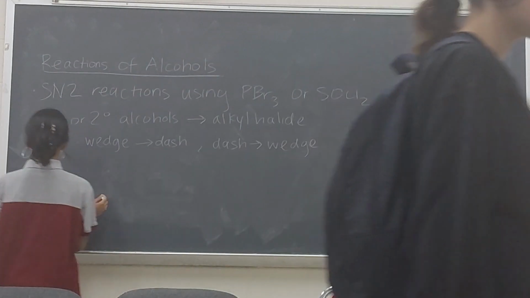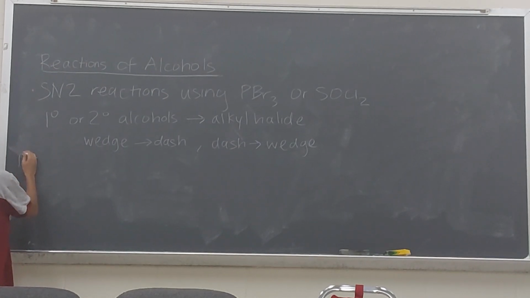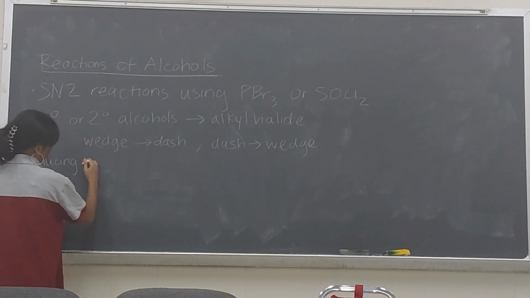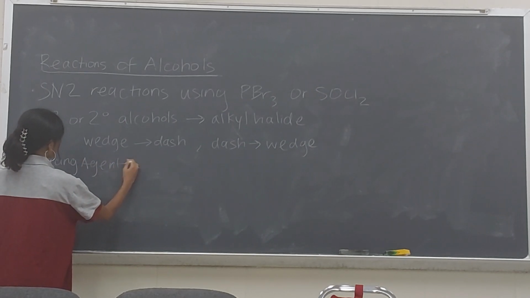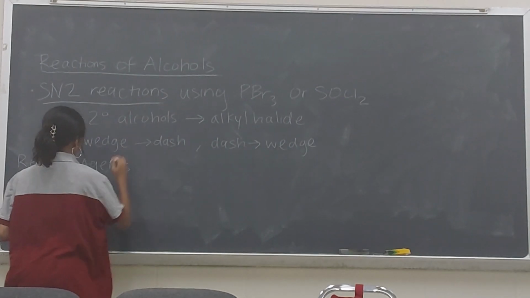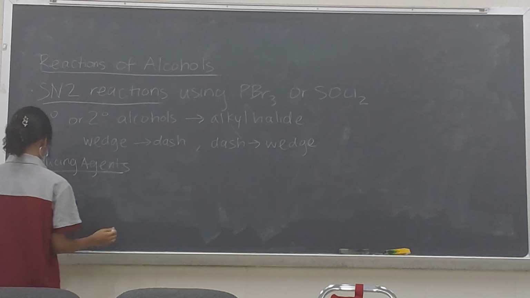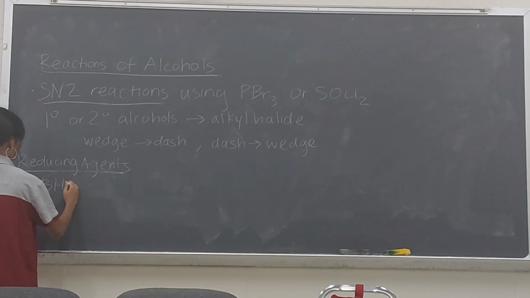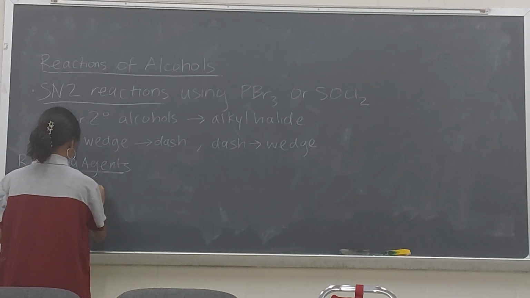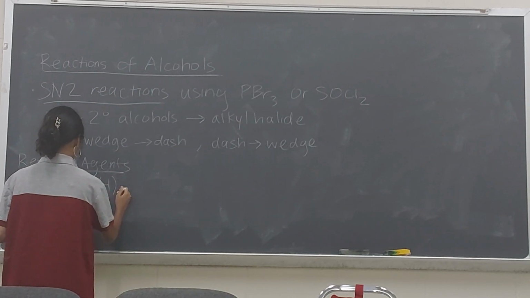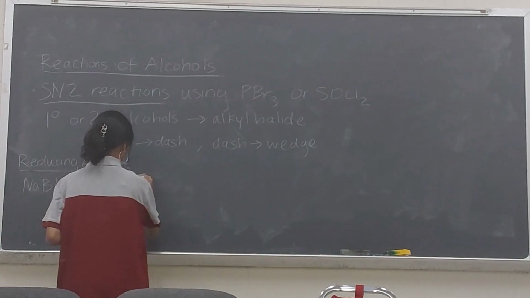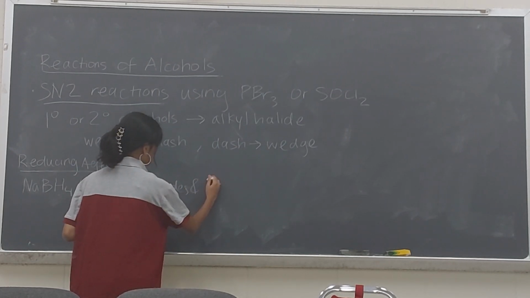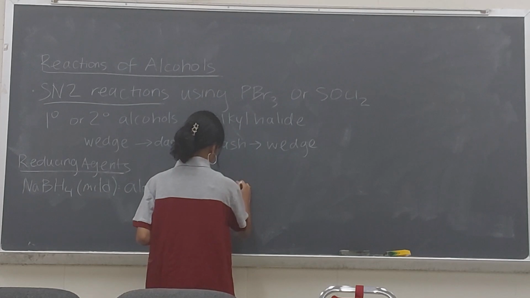And then there's reducing agents. NaBH4 is the mild reducing agent, which will turn aldehydes and ketones into alcohol.